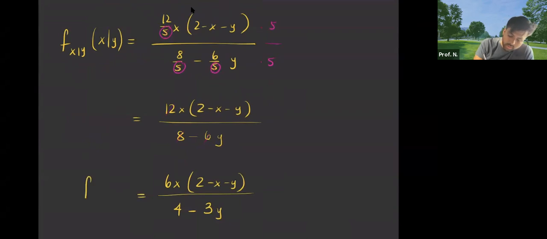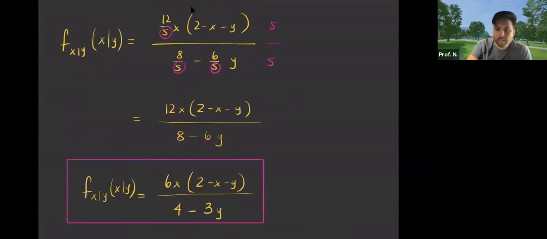So this here is the conditional density function of x given y. Again, all this stuff is just things that you already know. Now you're just applying it to continuous and discrete random variables.